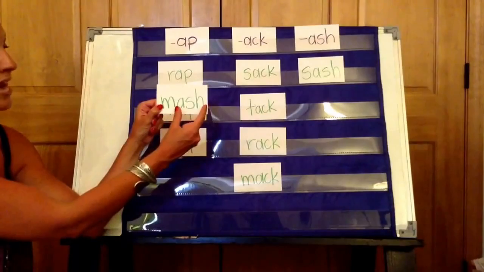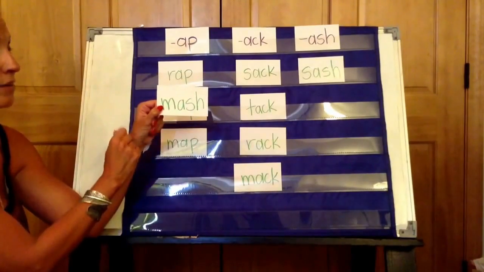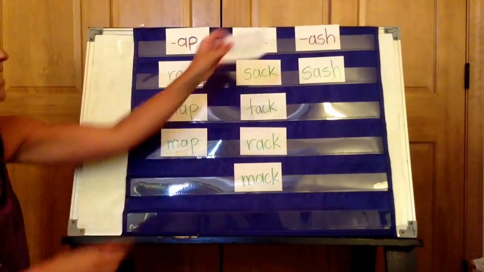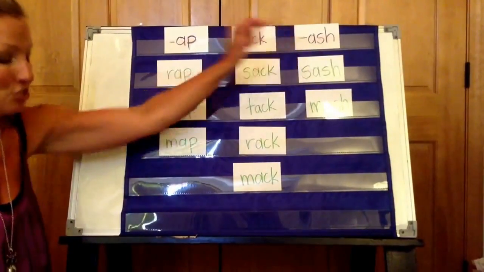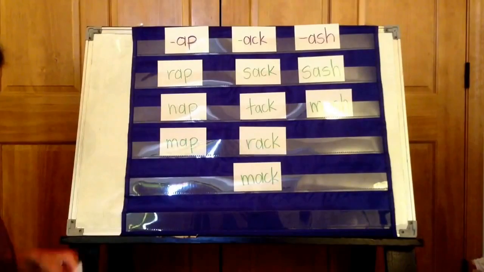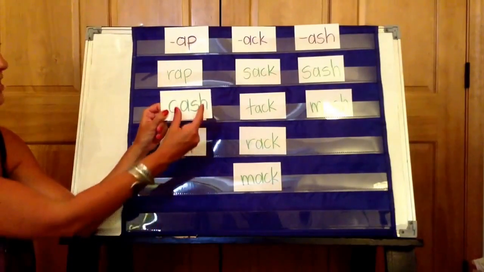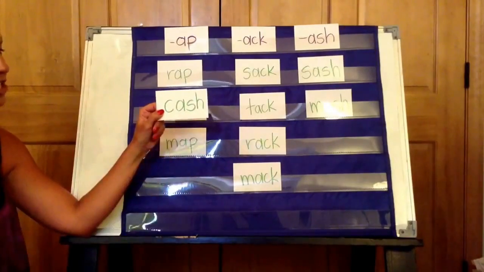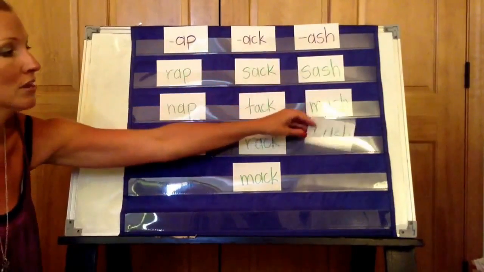This next word, I see the ash word pattern. So I'm going to read this as ash, mash, and I'm going to sort it under ash. This next word, I see the ash word pattern again. So I'm going to read it as ash, cash, and I'm going to sort it under ash.